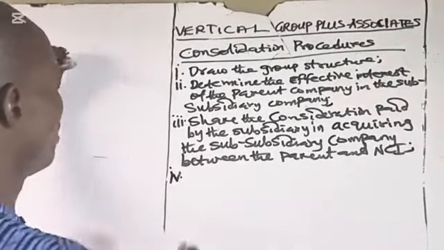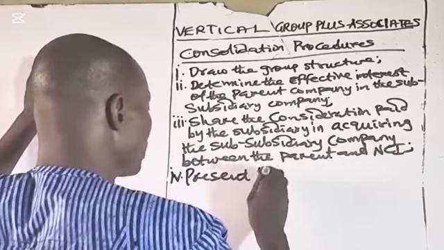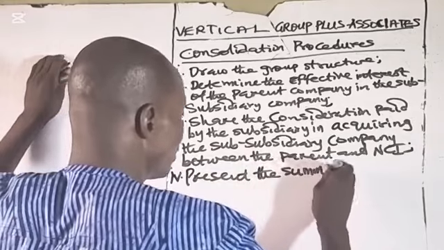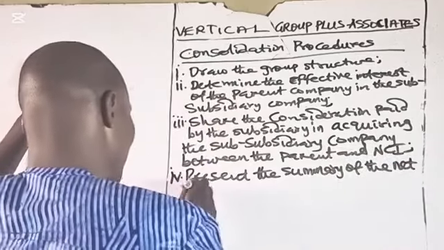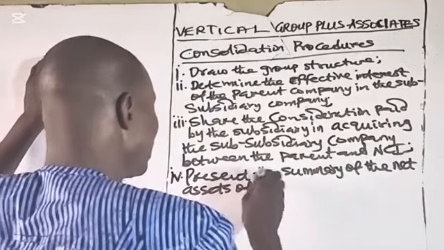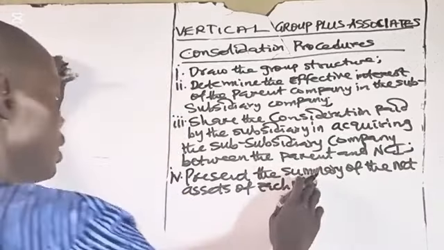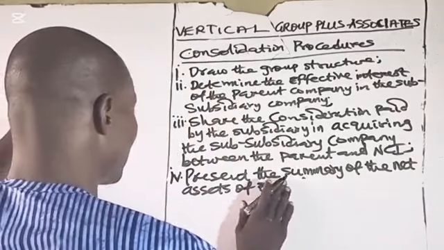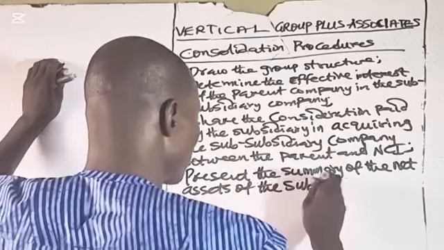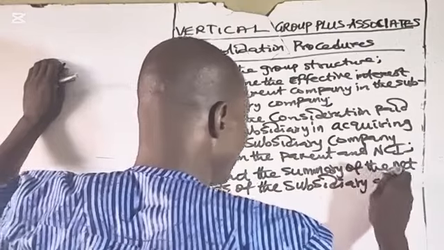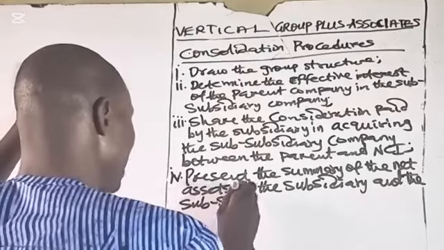Step 4, present the summary of the net assets of the subsidiary and the sub-subsidiary.